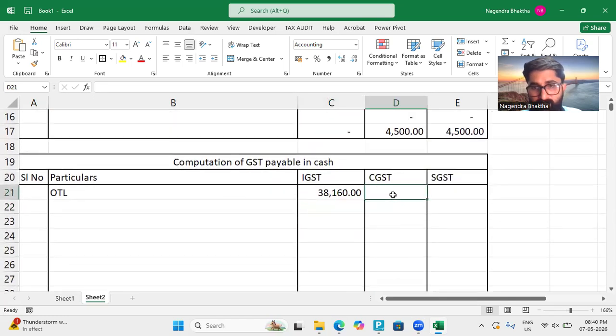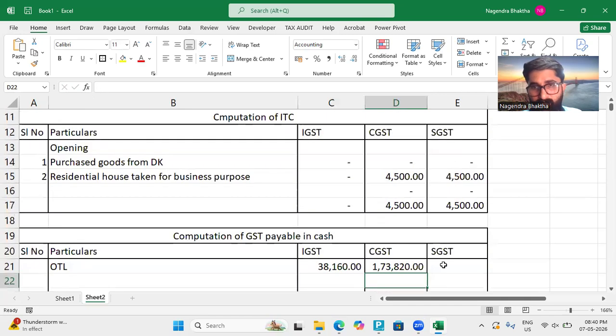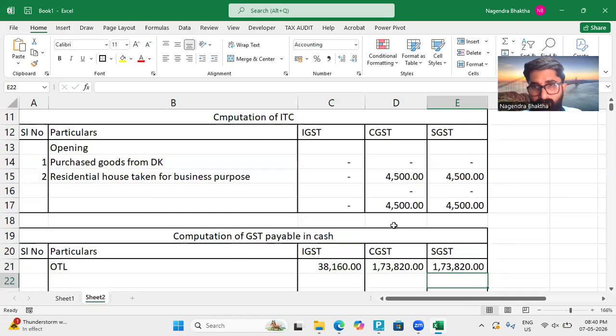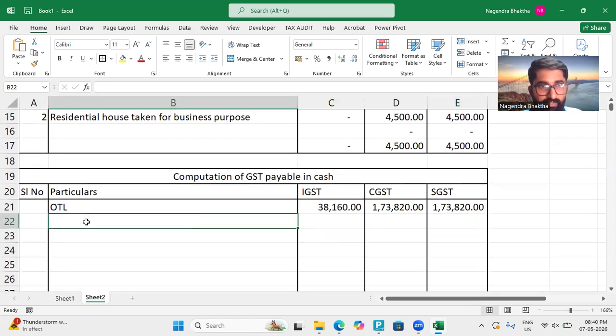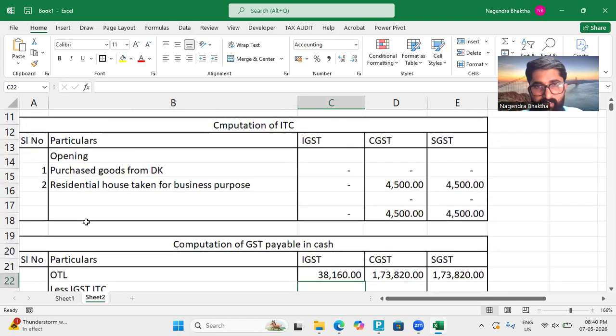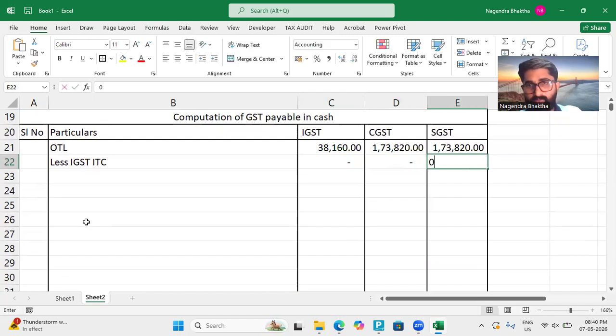CGST OTL 1,73,820. SGST OTL 1,73,820. So this is OTL. First you have to deduct less IGST ITC. Is there IGST ITC? Nothing. Zero, zero, zero.